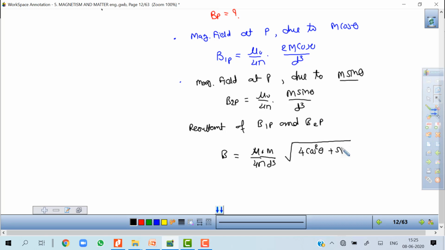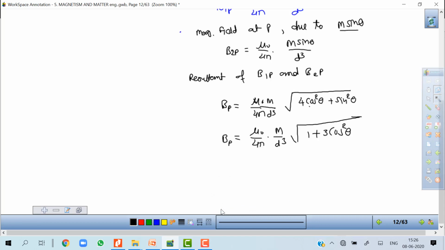So plus sin square theta. So what we get, mu 0 upon 4 pi, m upon d cubed, root of cos square plus sin square is 1, and still we have 3 cos square theta, so root of 1 plus 3 cos square theta. So this is the magnetic field at point P. It is very similar to what you must be knowing, Kp upon r cubed root of 1 plus 3 cos square theta. So a similar formula, this you have to remember.